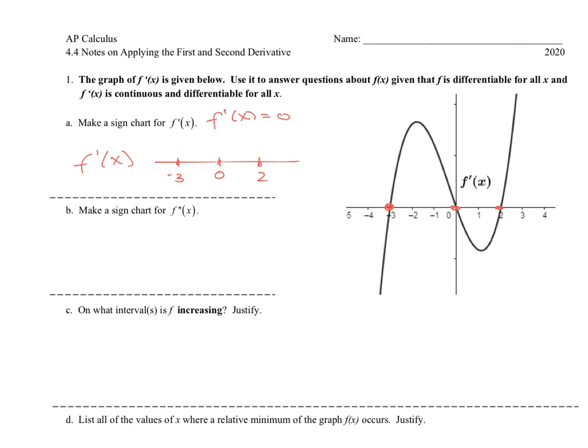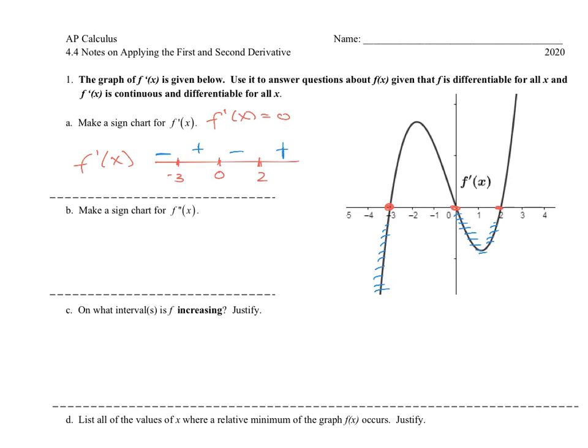The outputs of f prime to the left of -3 are negative. To the right of -3, between -3 and 0, the outputs are positive. Between 0 and x equals 2, f prime of x has negative outputs and then positive outputs, okay? And that will give me information about f.